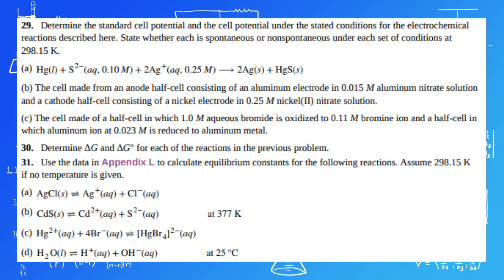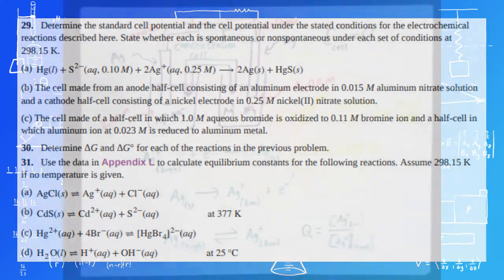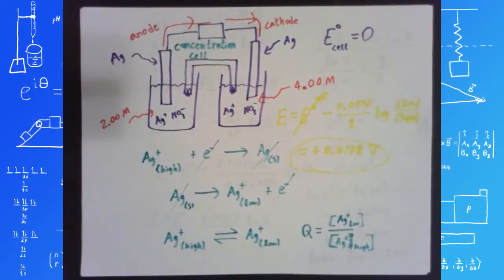And then for the Q value, there's nothing that counts on the product side. They're all solids. So it would just be Q equals 1 over sulfide concentration times silver concentration squared. Okay, at least I'll give you the setup for it.